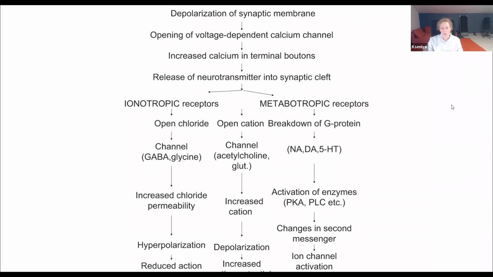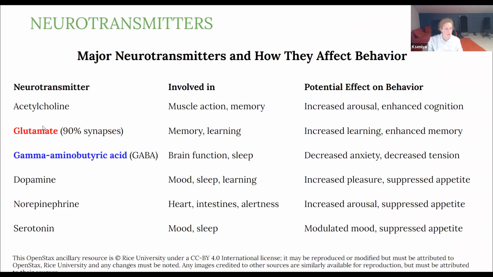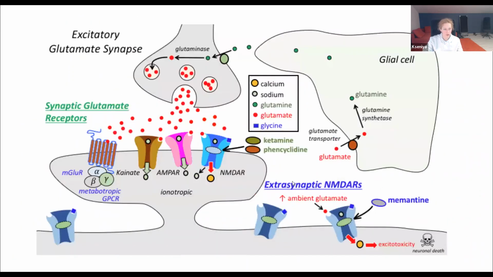And ionotropic receptors are usually for key neurotransmitters like GABA, glycine, and glutamate. So you see here, ionotropic receptors are usually connected with glutamate and GABA, and metabotropic receptors are connected with other neurotransmitters or neuromodulators.